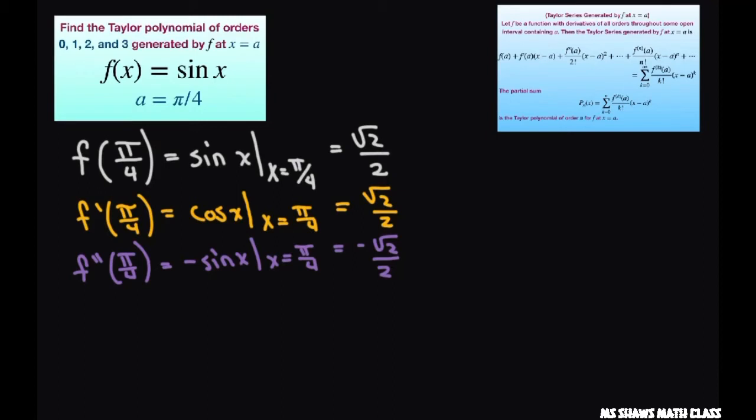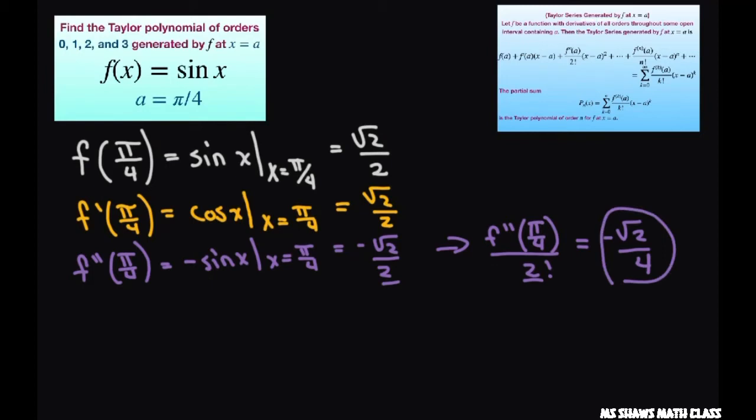For this one, remember this is going to be f double prime of pi divided by 4 divided by 2 factorial. So this is really going to equal negative square root of 2, and you multiply 2 times 2, and you're going to get 4. So that's what we're going to put in when we write it out.